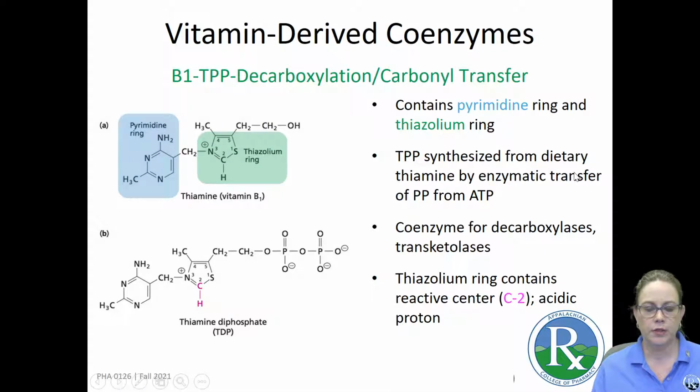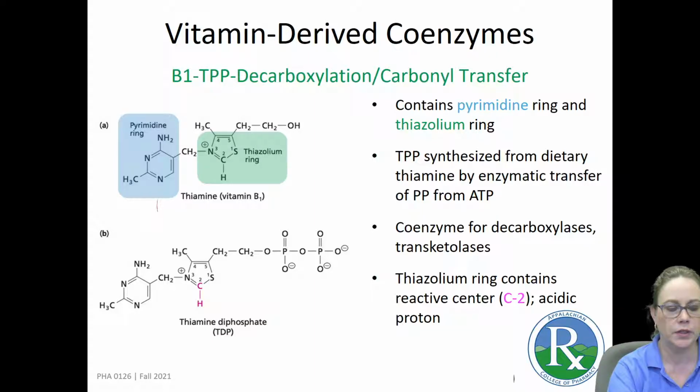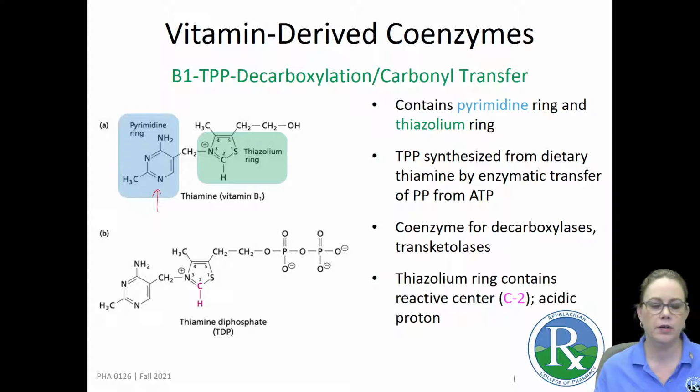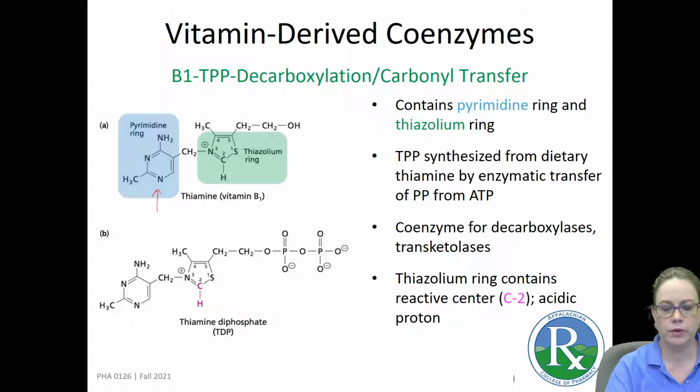Now, a couple where I don't necessarily expect you to memorize the entire structure. These are kind of the misfits that don't necessarily contain those building blocks that we've been using from our 4 major classes of biopolymers. We do have a pyrimidine ring, which you may be familiar with, that nitrogen containing ring. It also has a thiazolium ring there highlighted in green.